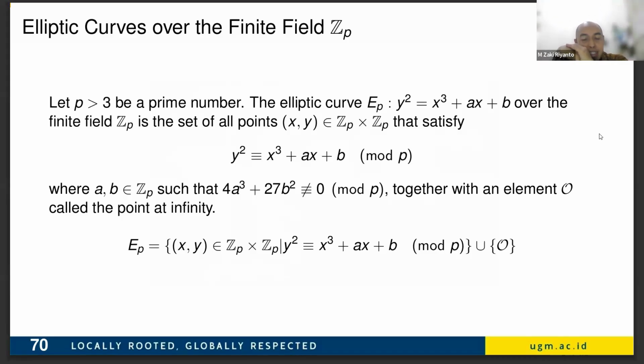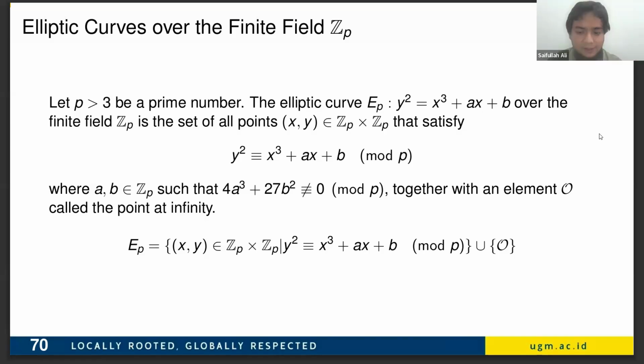The elliptic curve Ep is the set of all points (x, y) in Zp that satisfy this congruence: y squared congruent to x cubed plus ax plus b modulo p, where a and b are in Zp, such that 4a cubed plus 27b squared is not congruent to 0 modulo p.